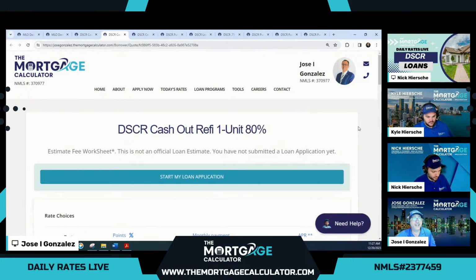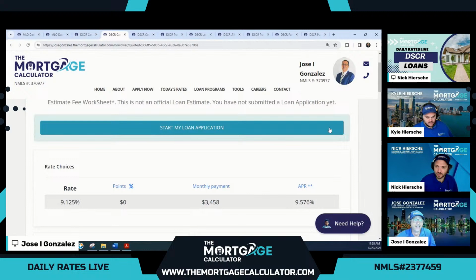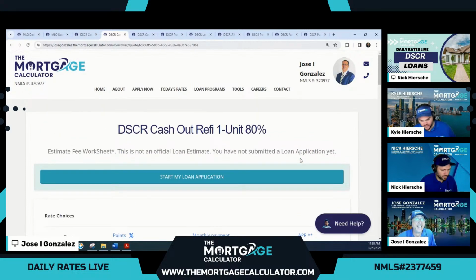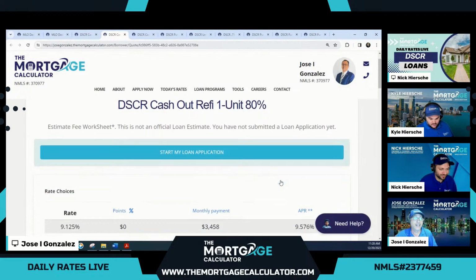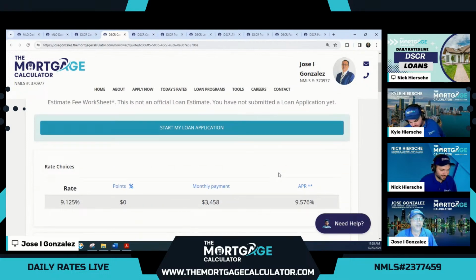Now, here's our other unicorn, right? We talked about the 85% LTV purchase. This is an 80% LTV cash out. This is the other unicorn that we have, very limited in the market. This is another borrower paid pricing option.